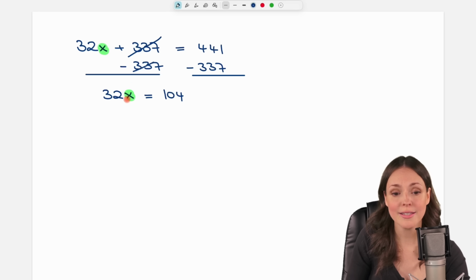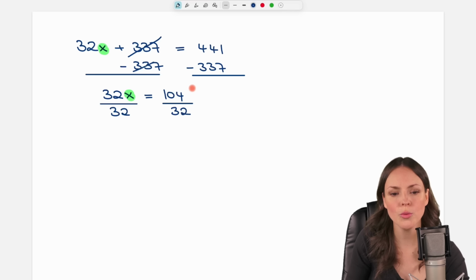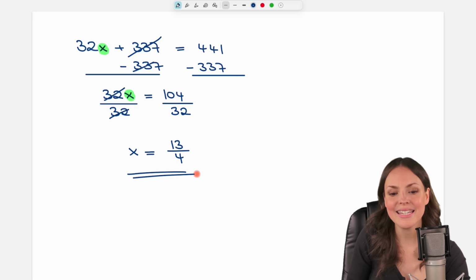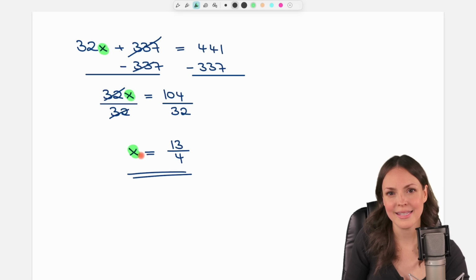To solve for x, we have to get rid of the 32, so let's divide both sides of the equation by 32 so that it cancels out here and my x is left. And if we calculate this, we get a result of 13/4. This is my x.